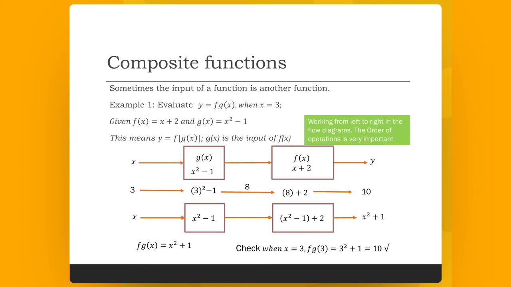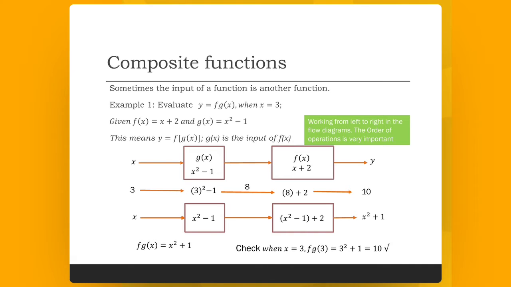The second approach is to take the whole expression for g of x and replace x in f of x with the whole expression as shown. So f of x is x add 2. Now in place of x, we write the whole expression x squared minus 1 in brackets and then add 2.